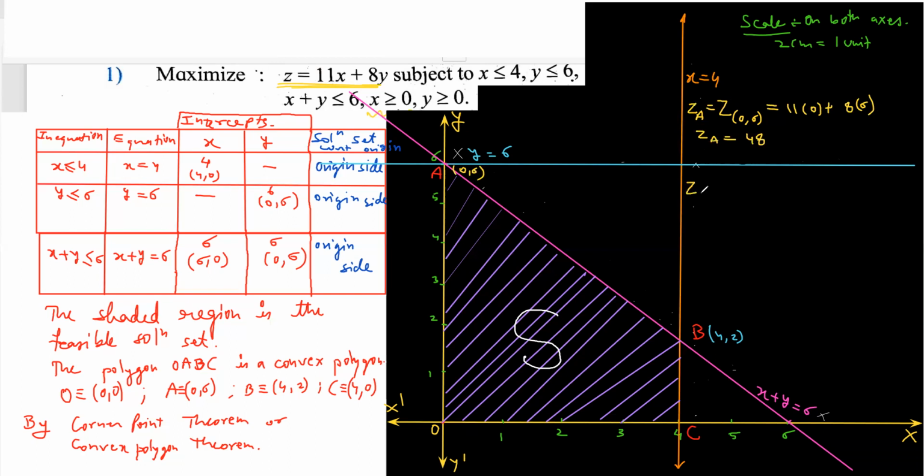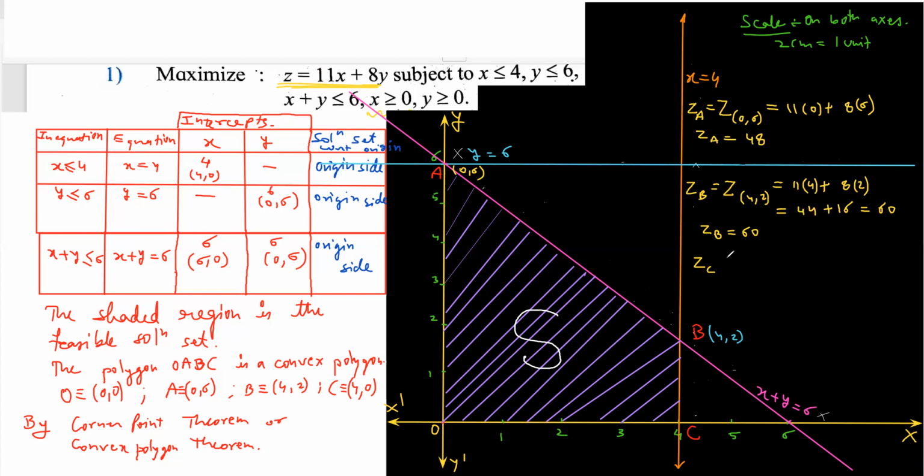Then ZB, calculated at the corner point 4, 2: 11 into 4 plus 8 into 2, which is 44 plus 16, equal to 60. So ZB is 60.